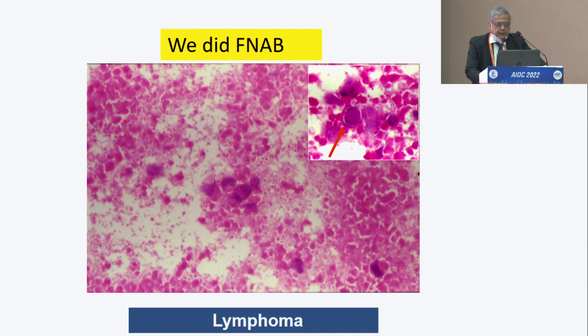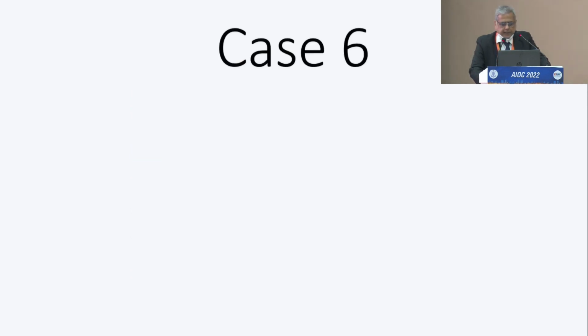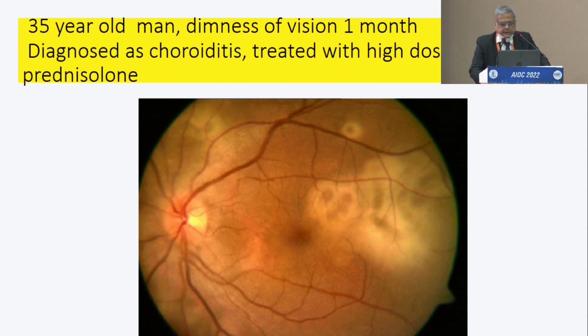I talked with our ocular oncologist, and we did a fine needle aspiration biopsy, and my suspicion was confirmed: there was a large amount of necrosis, and within the necrotic tissue large lymphoma cells were seen. Six months later the patient developed CNS lymphoma. Be mindful.